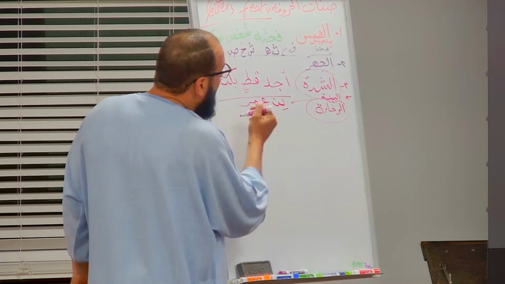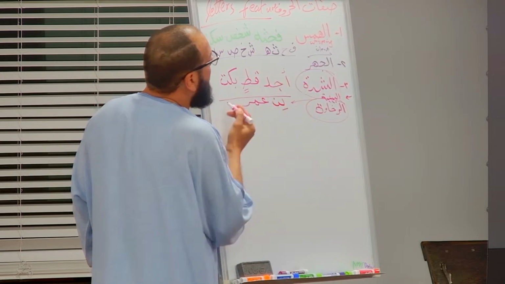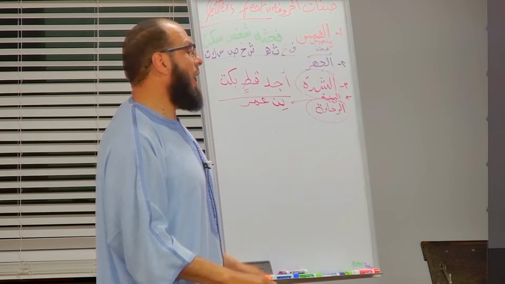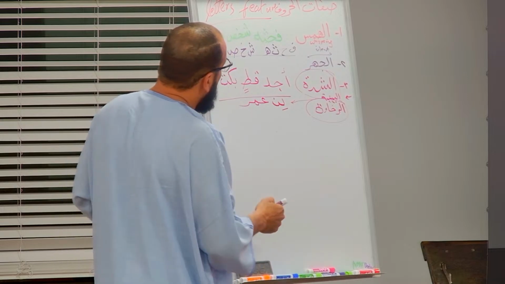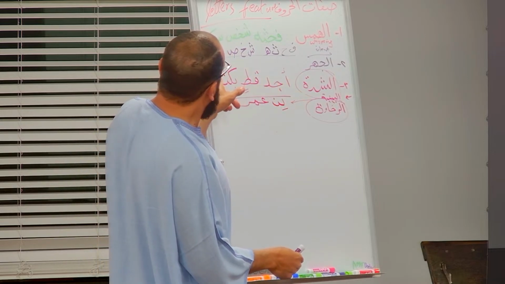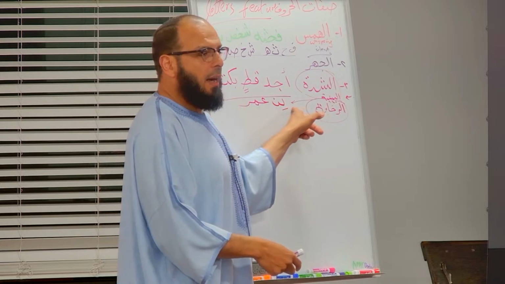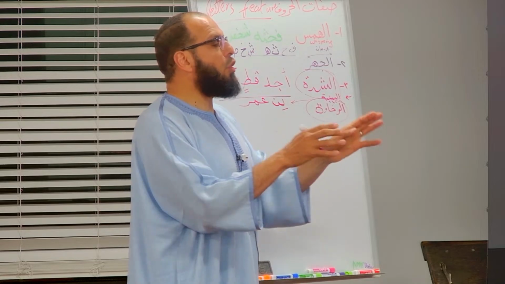The rest of the letters, give me any letter that's not here, and we will see that it's totally flowing. Give me an example. Seen. Do you see seen here? No. Do you see seen here? No. So it's حرف من حروف الرخاوة, one of the letters of softness, which is flowing. It's open.